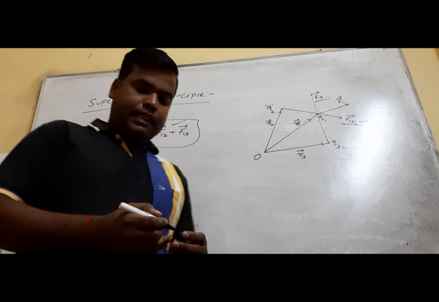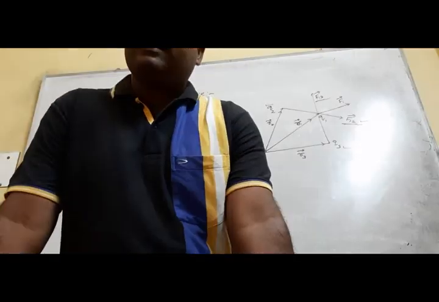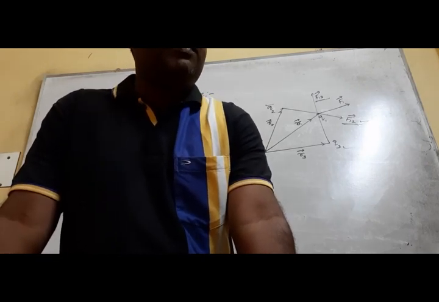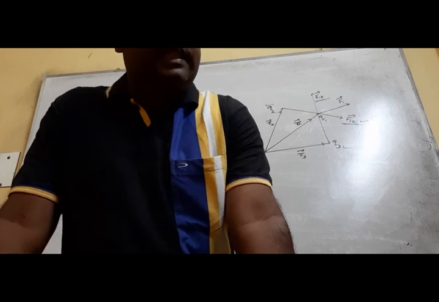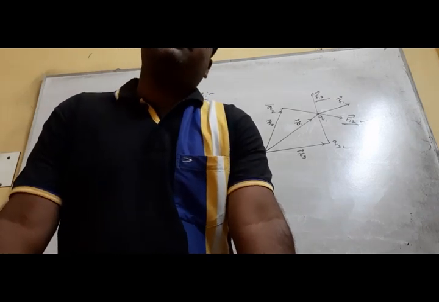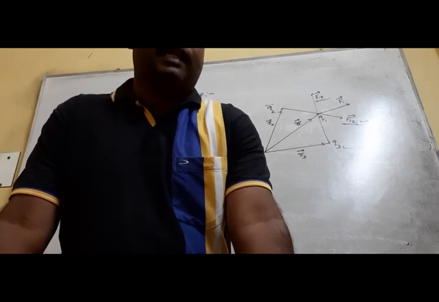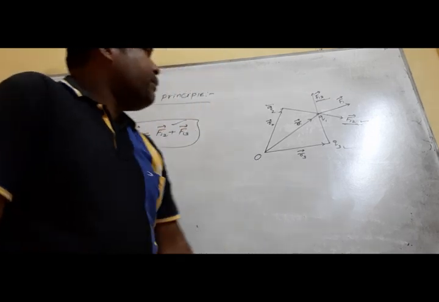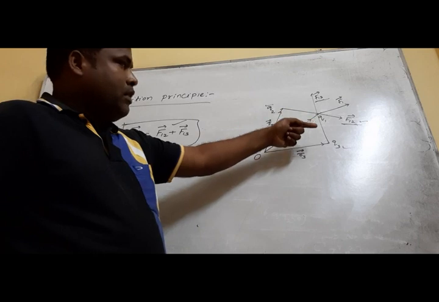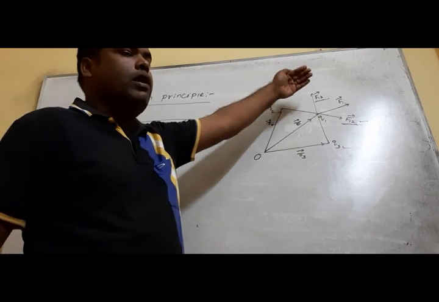So the superposition principle of electric force means, for a multiple charge distribution, the electric force acting upon any charge is the vector sum of the forces upon the given charge due to all other remaining charges. That means if you have another charge here, Q4, then you will get another force upon Q1, that is due to Q4, that will be F14.